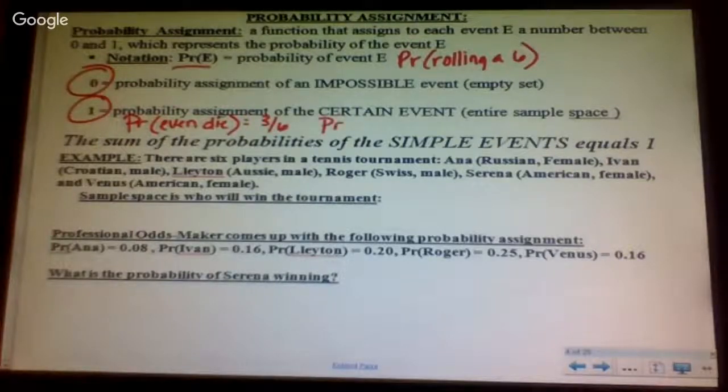What's the probability of an odd on a die? 3 out of 6. If I put these two together, what do I get? 1. So the probability of an entire event, if you add up all the simple things, always equals 1. That is something that you need to know.